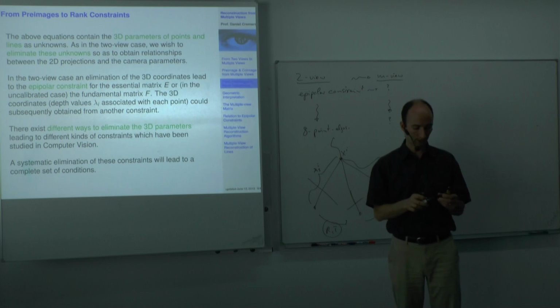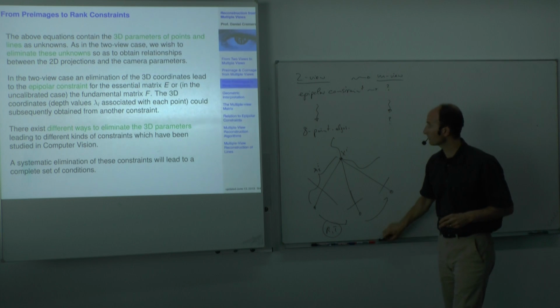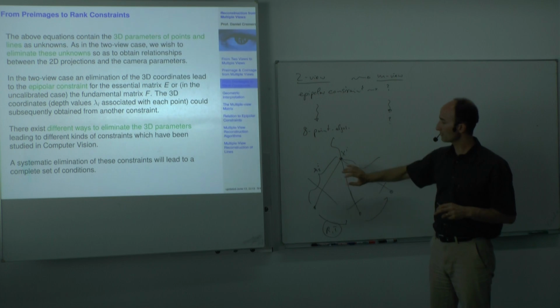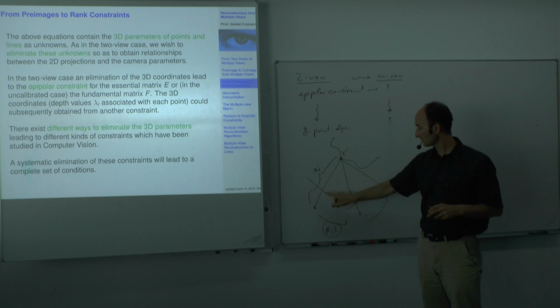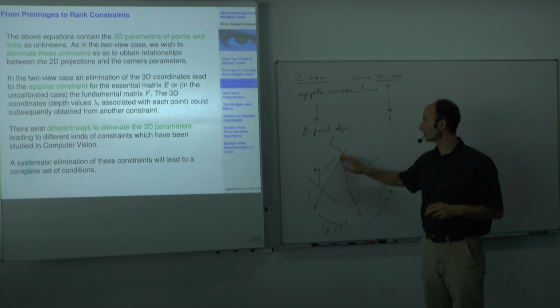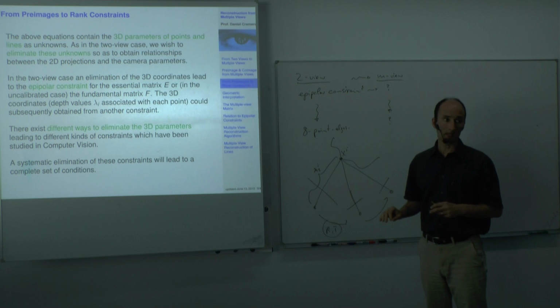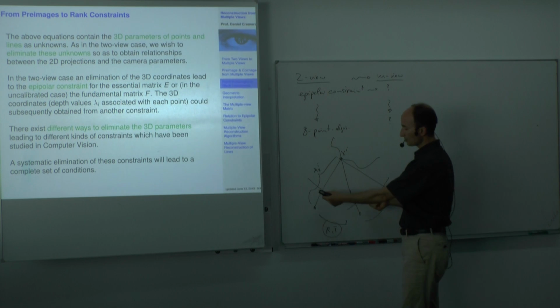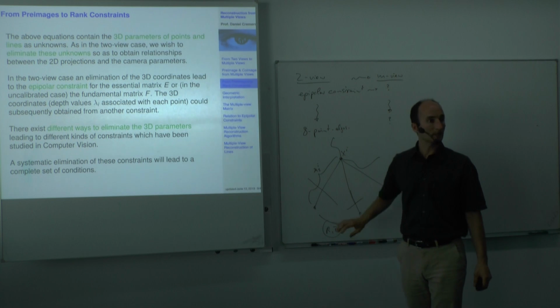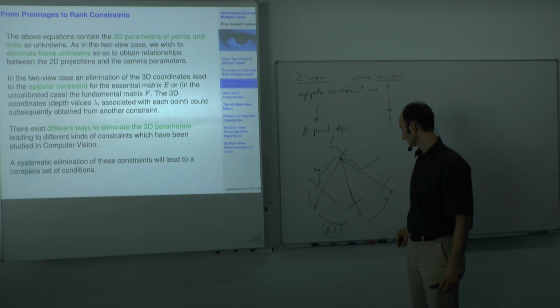And so for a point xi, then we have lambda 1i, and we have rotation and translation between the different cameras. And the idea of the epipolar constraint is it was a constraint that separates the 2D observed coordinates. It separates the motion of the camera from the 3D location in a way that we get a constraint coupling the 2D coordinates with the camera motion, with this essential matrix.